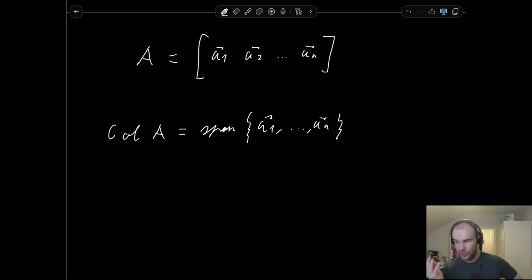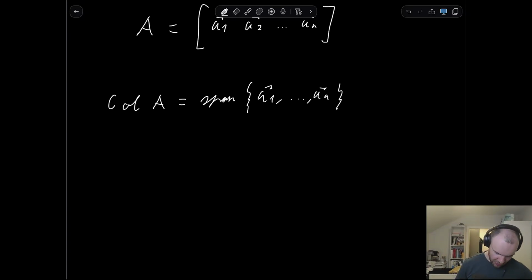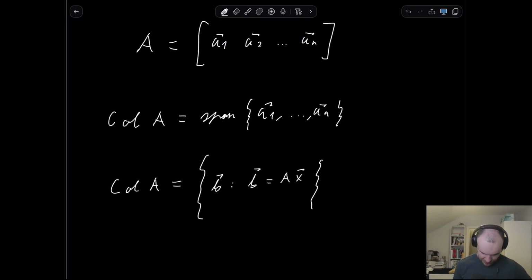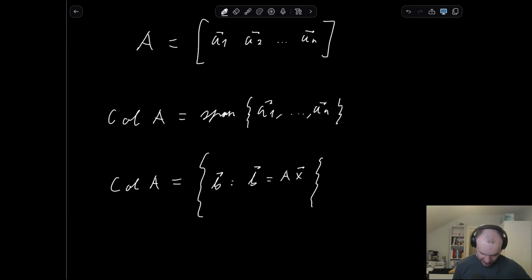We can also write it in terms of a set. So the column space of A is also equal to this set right here. We have b, where b is defined as the solution for Ax right there. Right, that should be pretty clear, right? Isn't that correct? Yes, column space, A1, An, etc., right?